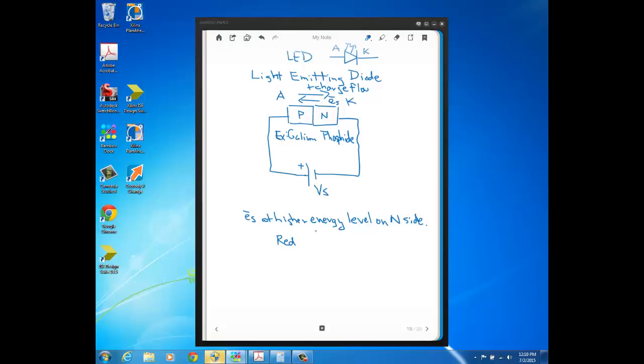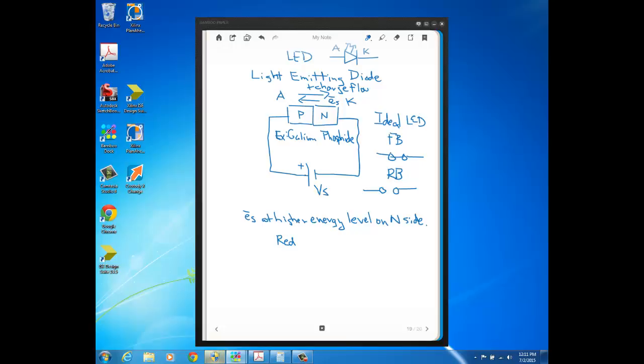So as far as analysis goes, if we have an LED in a circuit and we treat that LED as ideal, if we have an ideal LED that's forward bias, well, we just treat it like a short, just like we treat a diode that doesn't have the ability to give off light. And if an ideal LED is reverse bias, well, we treat it like an open, just like we do an ideal reverse bias diode that doesn't have the ability to give off light.